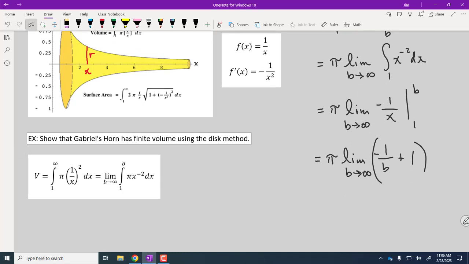And 1 over b as b goes to infinity goes to 0. So this tells us that the volume of Gabriel's horn is pi cubic units.